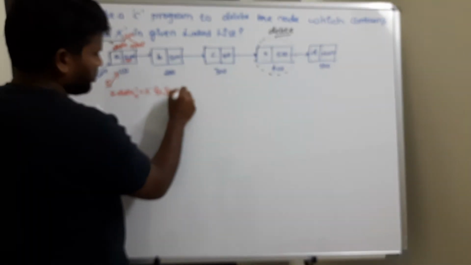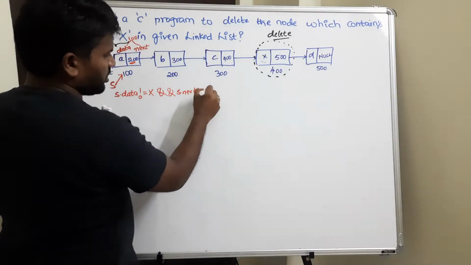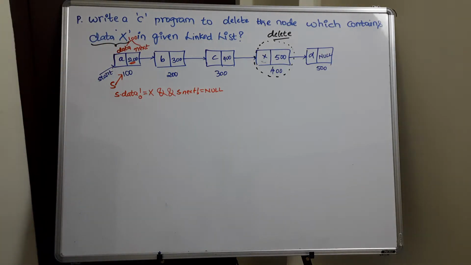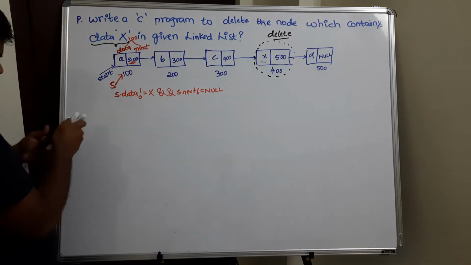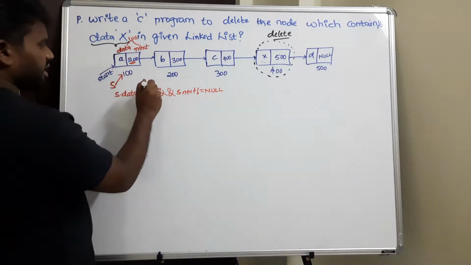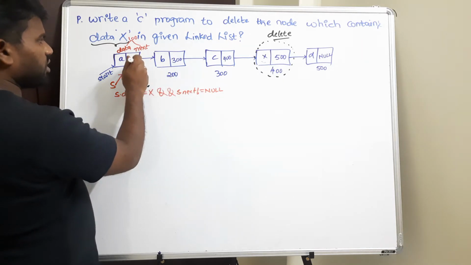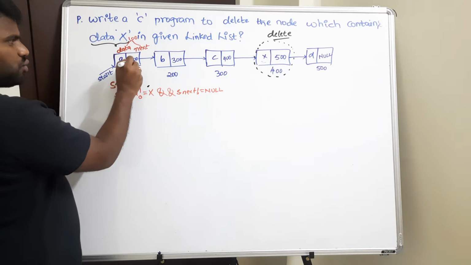So s dot next not equal to null. So here we will consider that s dot data not equal to x is true, and s dot next not equal to null is true, because 100 dot next is 200.